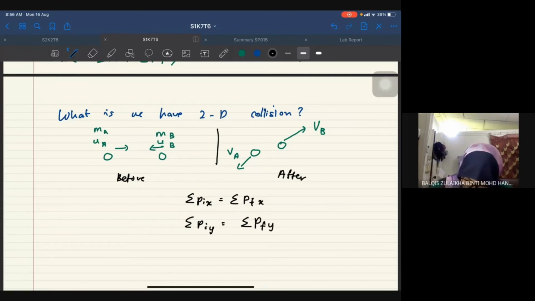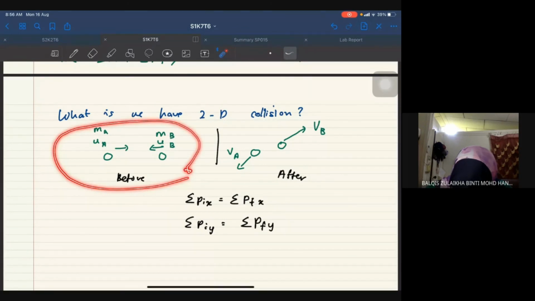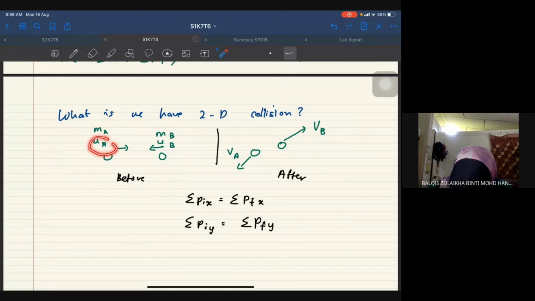Okay, so basically you have to separate X dengan Y component tu separately. So macam mana kamu nak separatekan dia tu? Contohnya dekat initial ni, kan? You can see that all the velocity is in X component. UA to the right, UB to the left. So nothing to do with Y component.